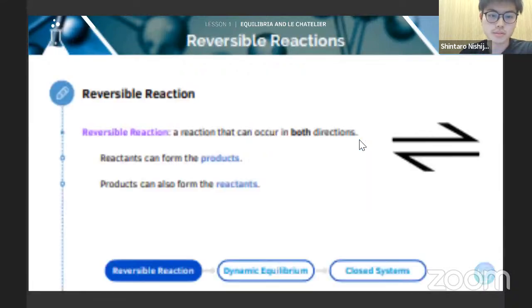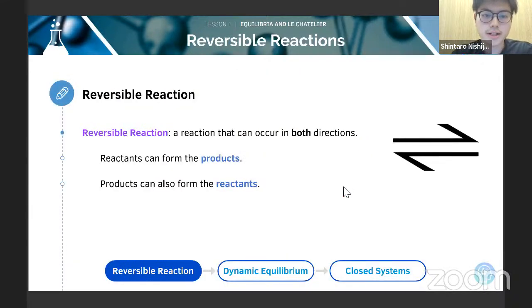Okay, so what is a reversible reaction? Reversible reactions are chemical reactions that can occur in both directions. The forward reaction would be the reactants forming the products, and the backward reaction will be the products forming the reactants. And you'll generally see a symbol that looks like this. You can see that there's an arrow going to the right and an arrow going to the left.